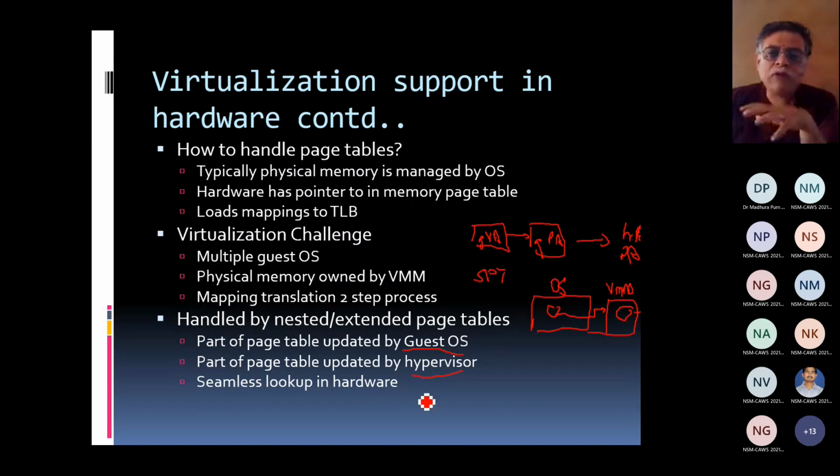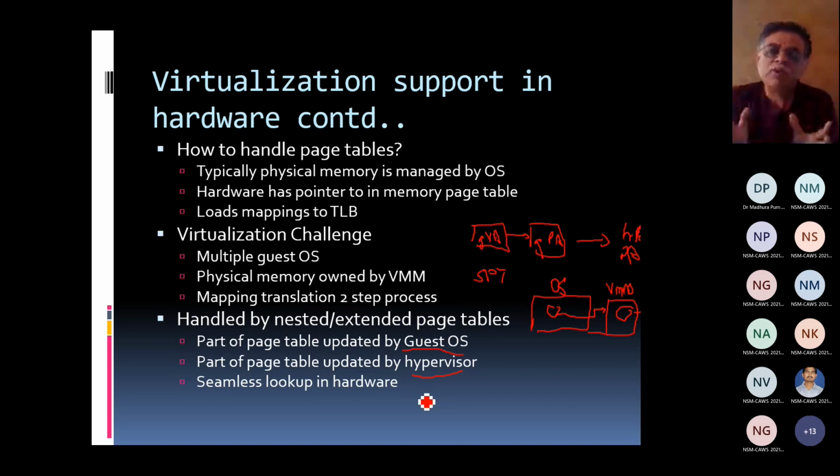Okay, so this is how architects had to respond and add features inside the hardware, inside the processor, to take care of virtual machines for both CPU as well as memory. Now there's also much more work to be done in terms of I/O, how to handle I/O in terms of virtualization.